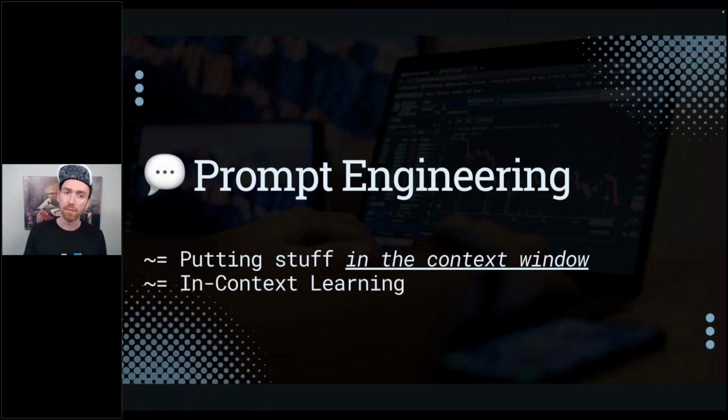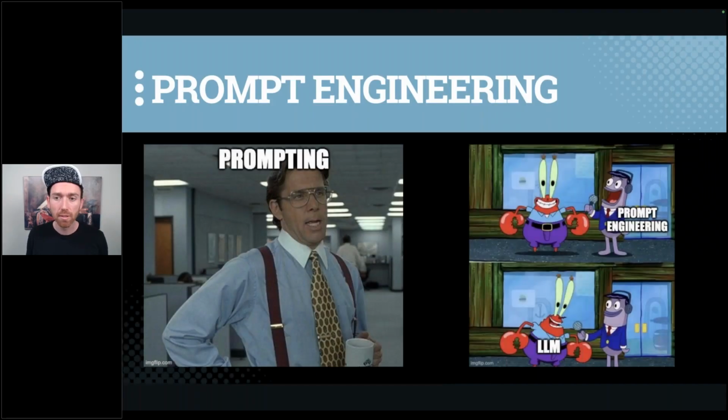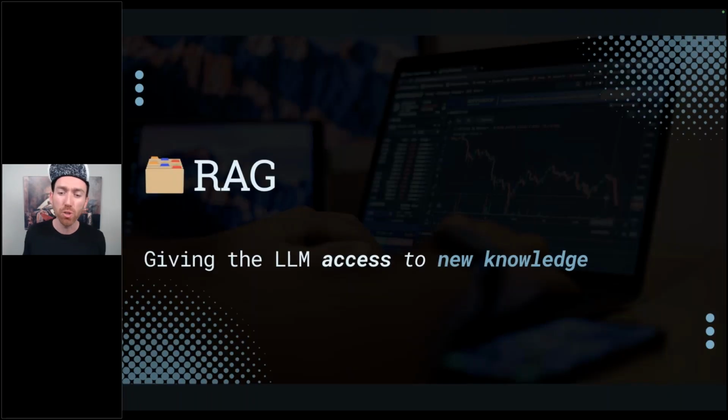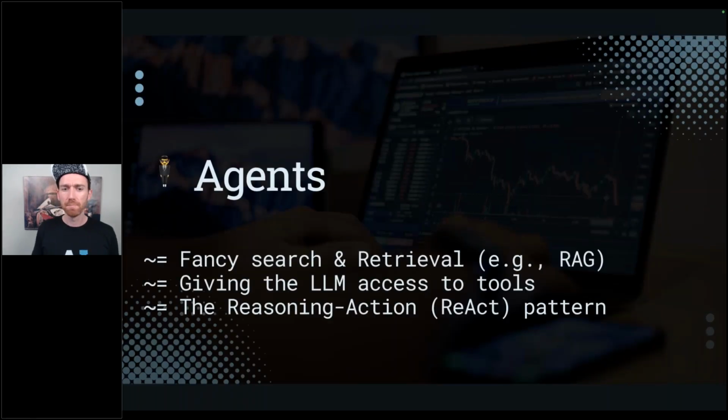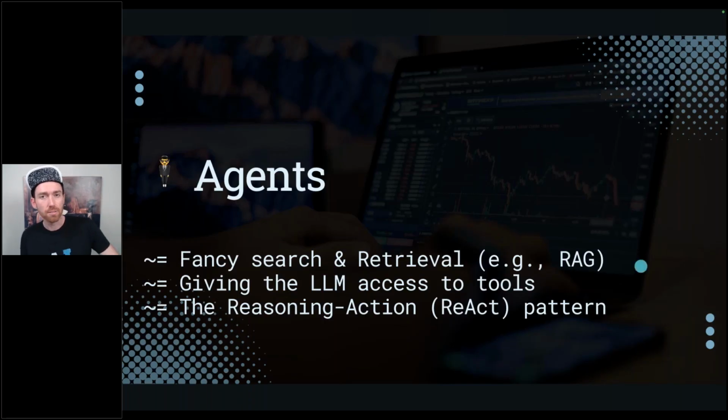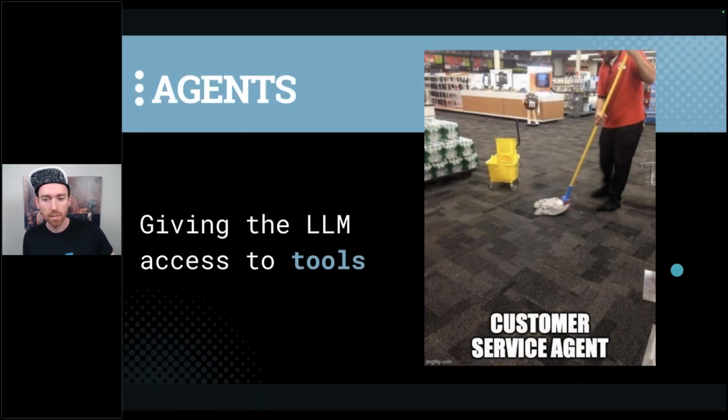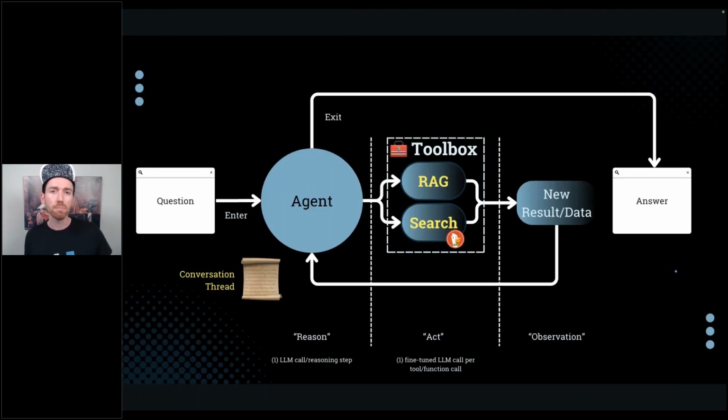But we're focusing on 3 here: prompt engineering, putting stuff in the context window, prompting; RAG, giving the LLM access to new knowledge, putting stuff in the context window; agents, fancy RAG, with augmented search, giving the LLM access to tools, the reasoning action pattern, agents, tools, agents, the reasoning action pattern.